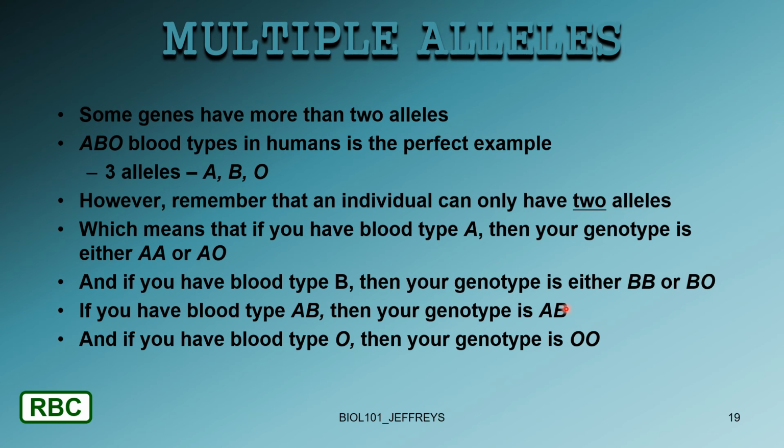So here's where you get into codominance, or in other words, these are both dominant alleles, but they're both expressed. All right? So that's where we get into the idea of codominance. You have both alleles, and they're both expressed, and that can happen. Now, if you have blood type O, then your genotype is OO, and O is not expressed, and we'll see why.